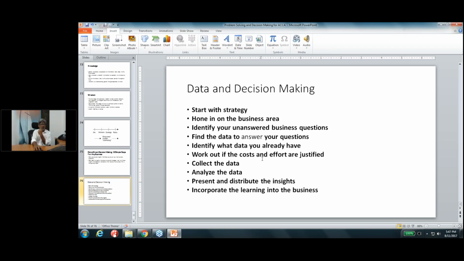Then identify what data you already have, collect and analyze the data, present and distribute the insights, and incorporate the learning into the business. So these are some of the points relevant to the data-driven decision-making model.